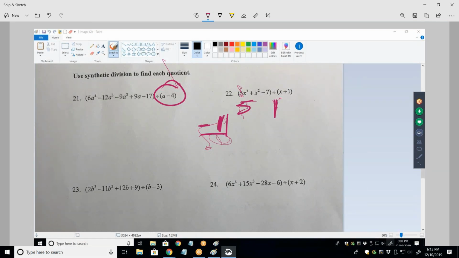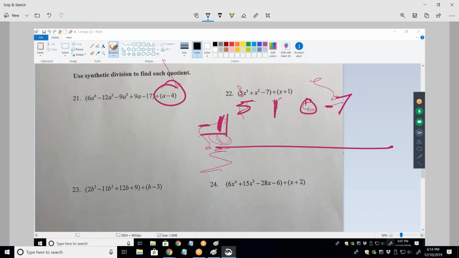There's no x term, right? Yeah. So if there's no x term, the coefficient of that is 0. Okay. And you have to allow for every degree. And there's still a -7 there. You with me? In other words, if you have a missing x term, you have to put a 0 in there to allow for it.